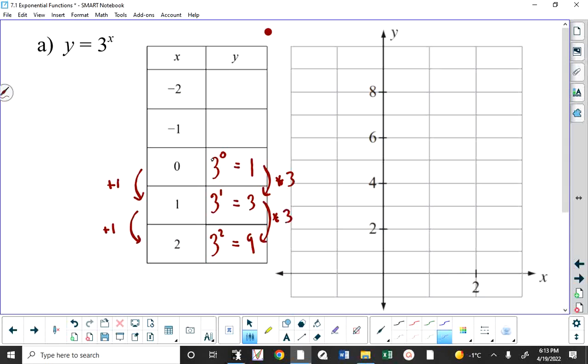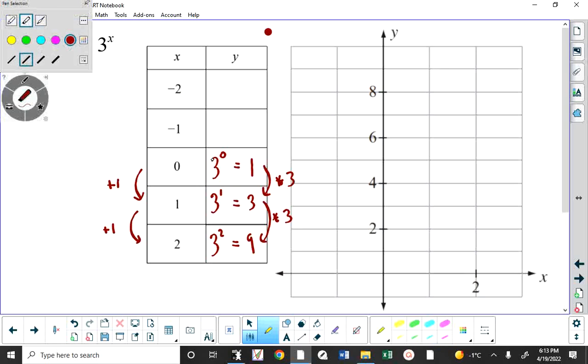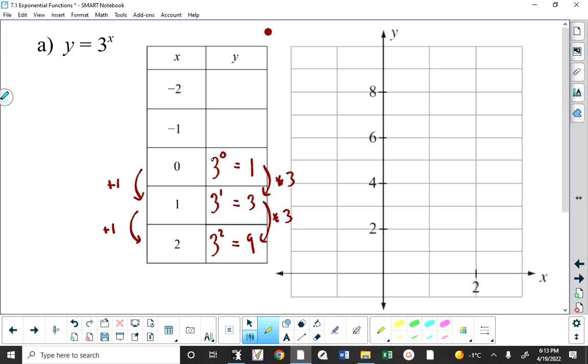And that multiplication of y regularly by 3 is connected to the equation because the base is 3. This 3 that we're multiplying by each time is because the base is 3. I think many of you see why this is the case. If it's 3^x, every time you increase that exponent of x by 1, you get an extra multiplication of 3. 3 squared means 3 times 3.